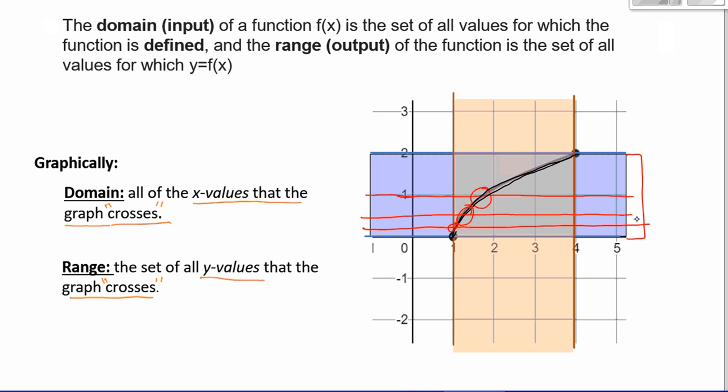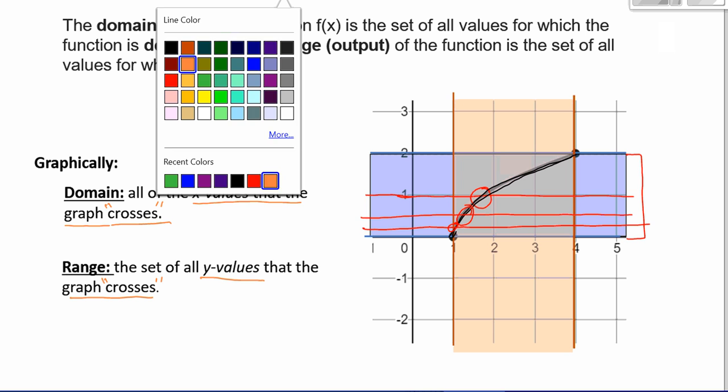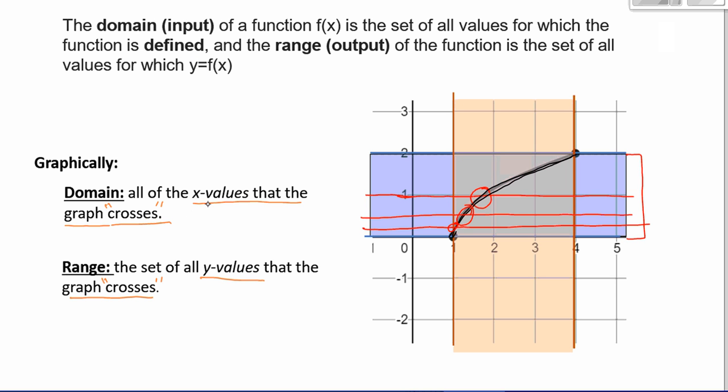Now to describe them, you look at the highest value and the lowest value, or the leftmost value and the rightmost value. So graphically, as far as the domain is concerned, when I say the x values where the graph crosses, what I mean is that interval of values where my lines would cross them.